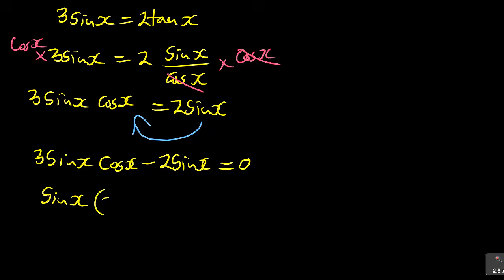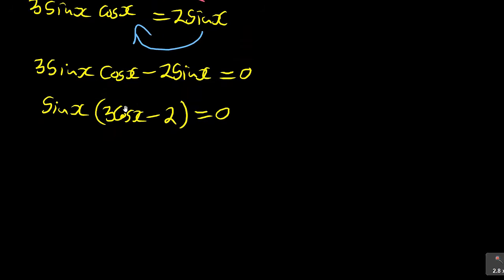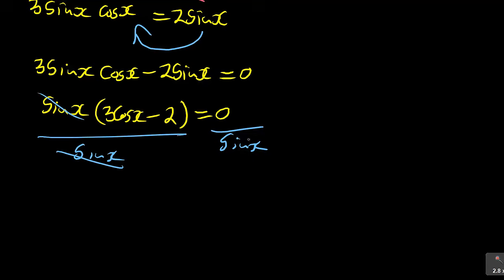When I factorize, I've got sine x times 3 cos x minus 2 is equal to 0. Again, there is a temptation here to divide by sine x over sine x, so that you cancel that, and then this becomes 0. Don't do that. You're going to again lose your sine x.